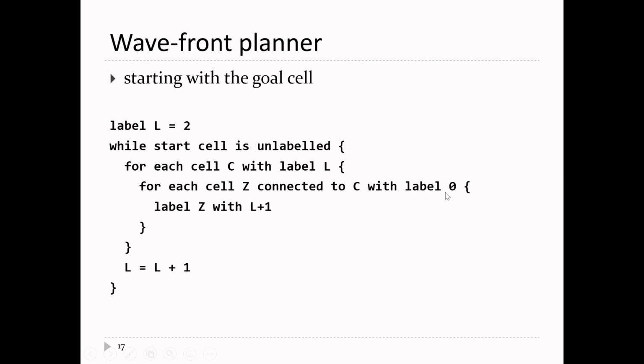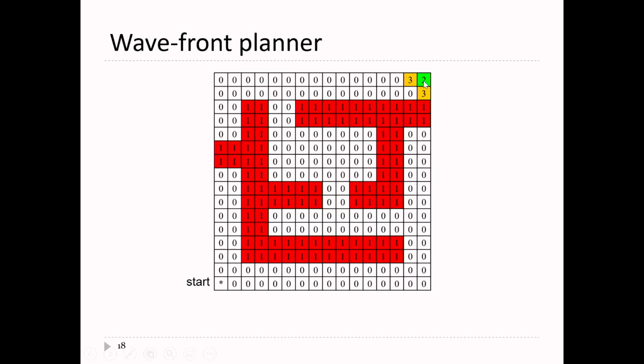In other words, you look at the cells connected to the current location where you haven't considered moving to yet, and you label that potential cell with the value L plus 1, and you just keep on going. So that 2, I mark all of its adjacent locations that haven't been visited yet, so have the value 0, with a 3, and now you repeat the process. For each 3, I'm going to mark its adjacent zeros with 4. For each 4, I'm going to mark the adjacent locations with 5, and so on.